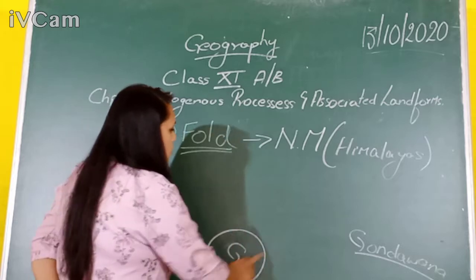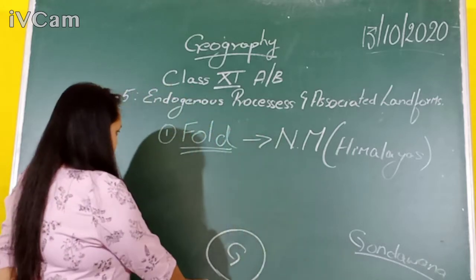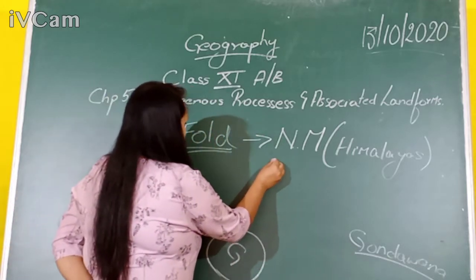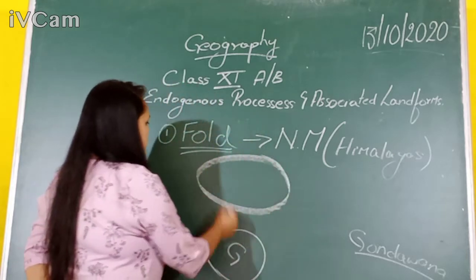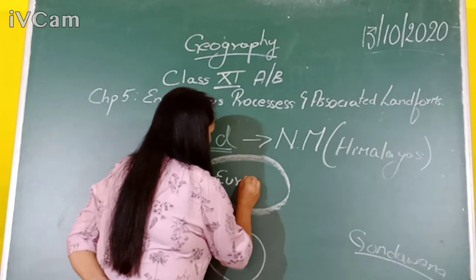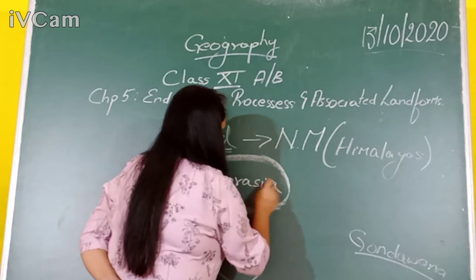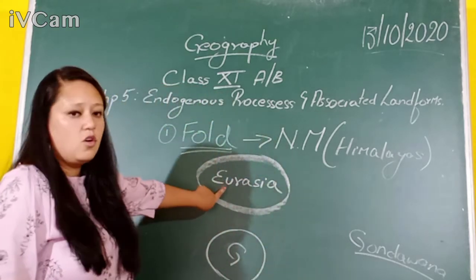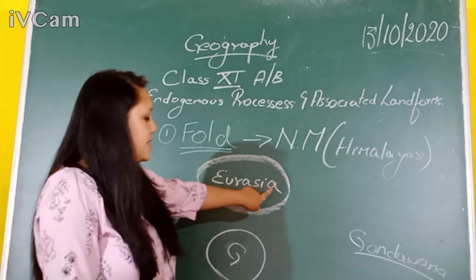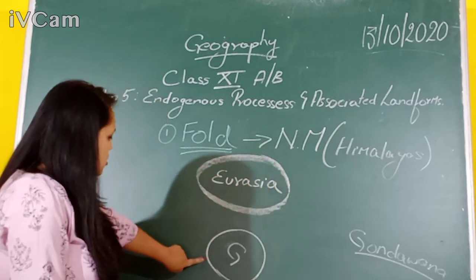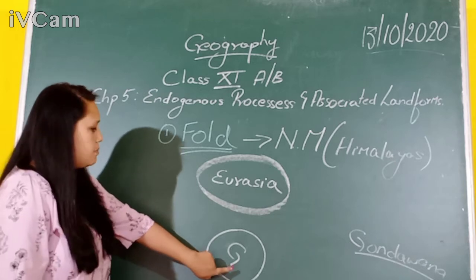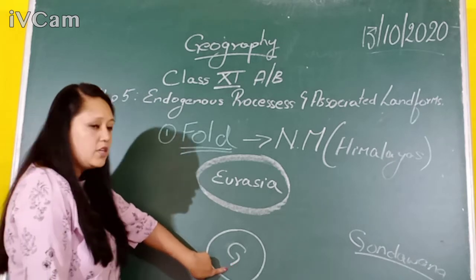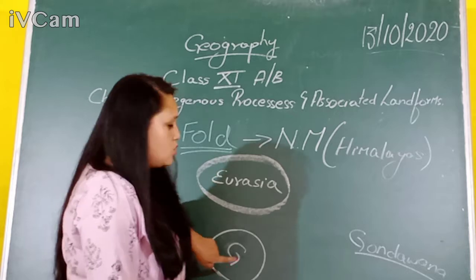This was a part of the Gondwana landmass, and the top part was a part of Eurasia, which is a combination of the continents Europe and Asia. So initially, the landmass of India was a part of another tectonic plate known as Gondwana.